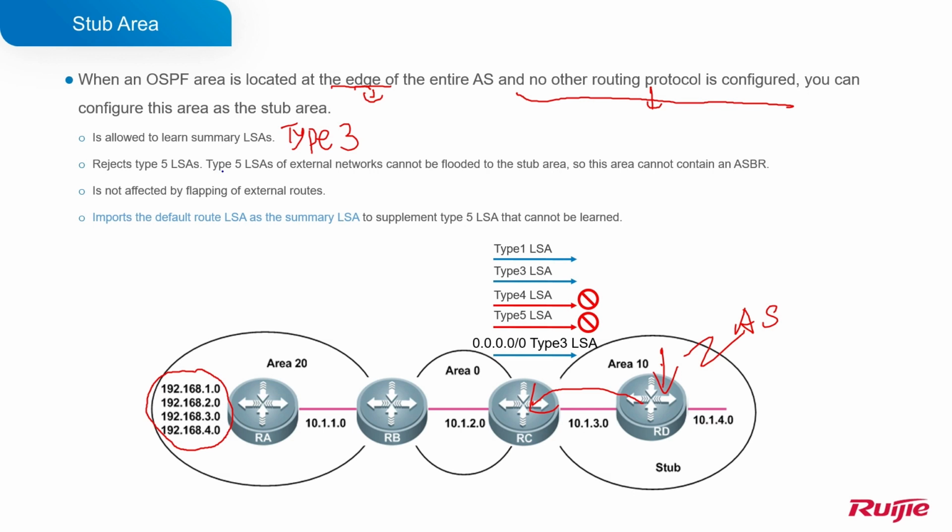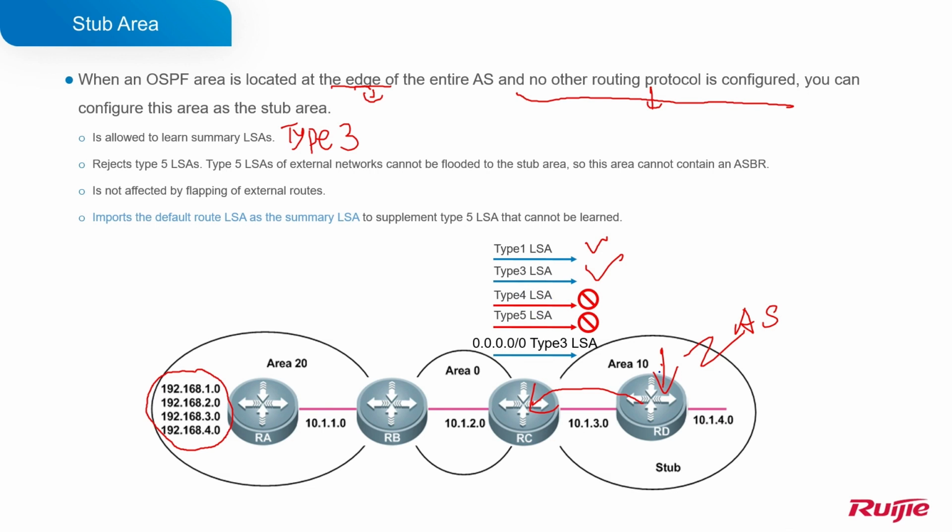Okay, so for the stub area, the type 5 LSA information of external networks cannot be flooded to the stub area. It means the stub area can only receive type 1 LSA information and type 3 LSA information, but will reject type 4 LSA information and type 5 LSA information.